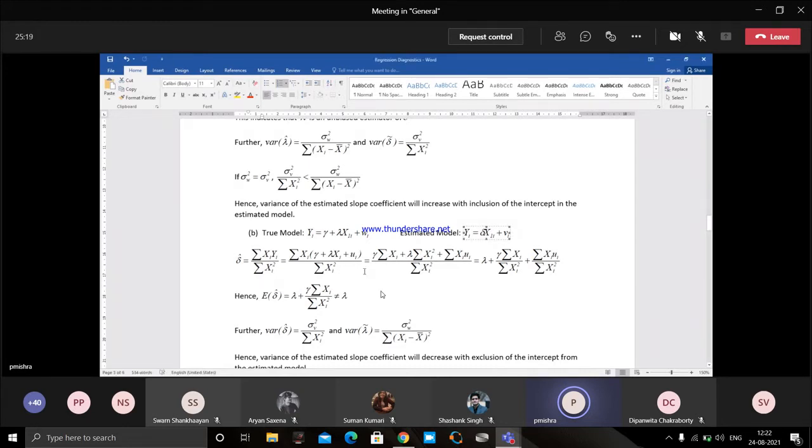So as you can see, when we estimate this model by dropping the intercept, we are having lambda plus some additional component.